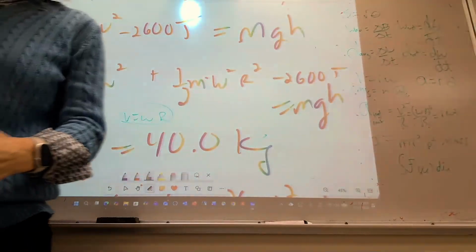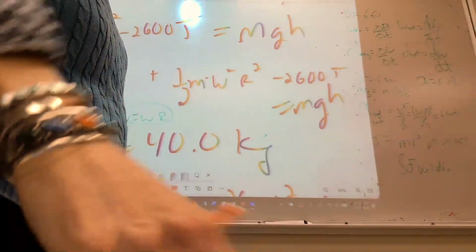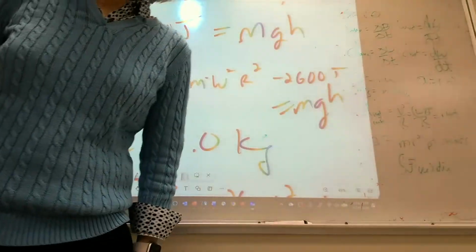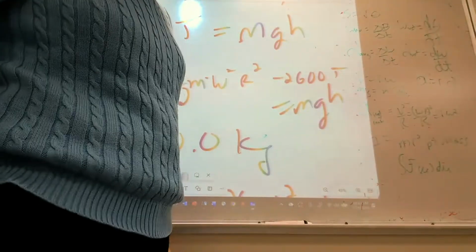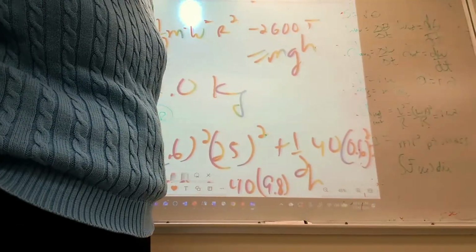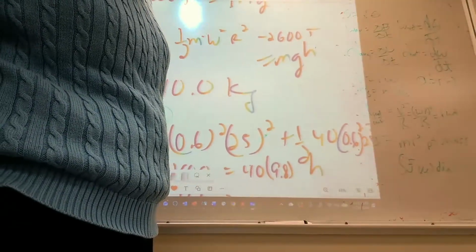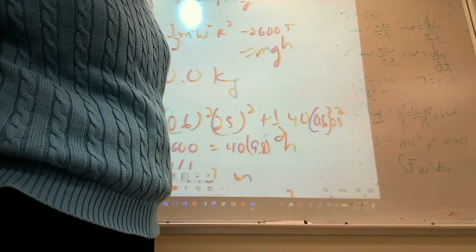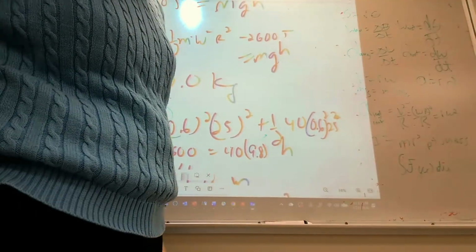And if you canceled out your R's and got it in terms of V, well, you can just figure out your V because it's omega times R. So whether you keep it in terms of omega or put it in terms of V, it doesn't really matter. You should get the same thing in the end.